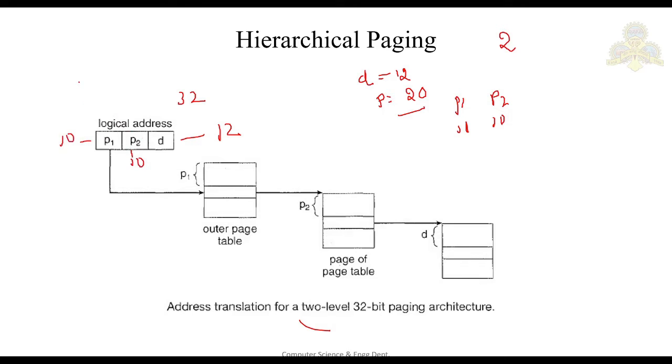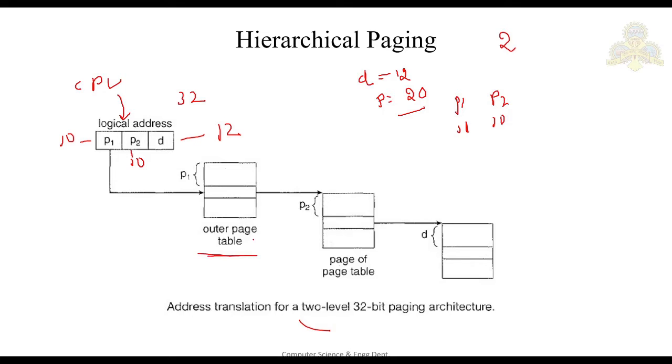This is nothing but the logical address generated by your CPU. Basically we would divide it into two parts, page number and displacement. Here, as we are using two page tables, we have two p's, p1 and p2, which are 10 bits each. Now your p1, you can see from this diagram, will be an index to your outermost page table.